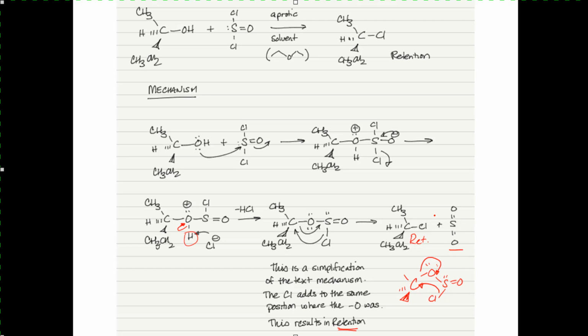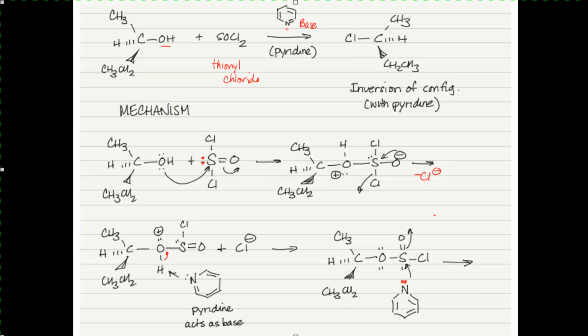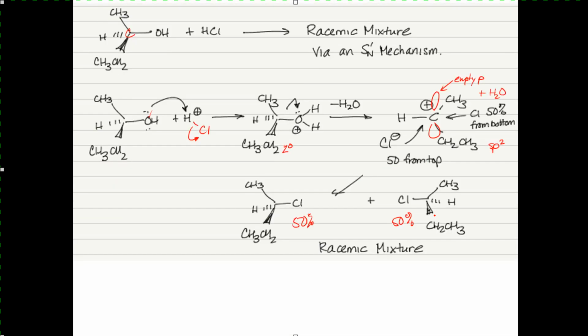Okay. So that's sulfur chemistry; phosphorus chemistry is a little bit different than carbon. Okay. So that's the reactions of chiral alcohols. Just to review, if you react a chiral alcohol with just HCl, you're going to get a racemic mixture.